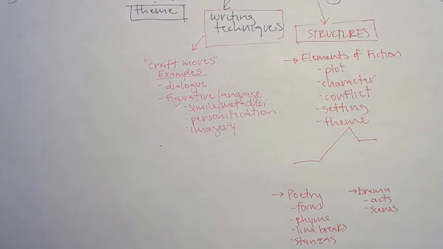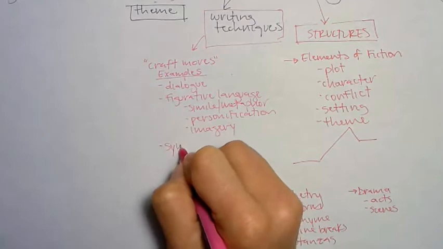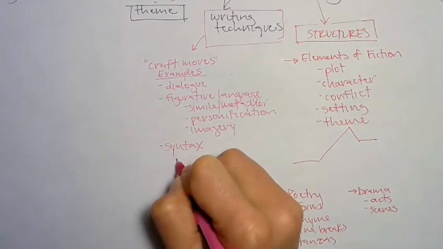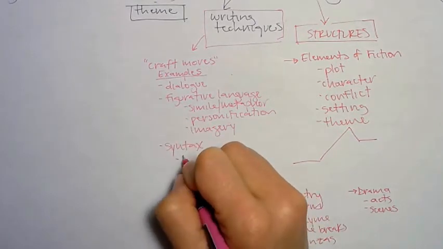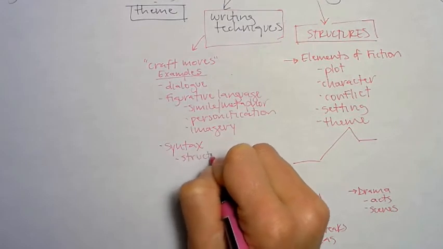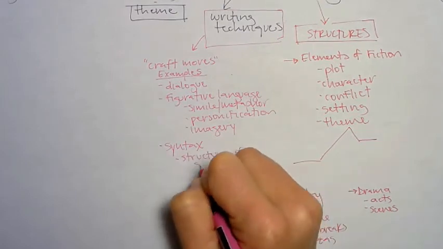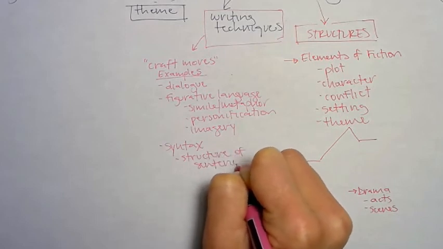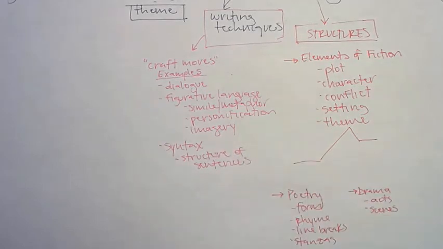then you're looking even closer at the sentence level, something that we call syntax. And this is just really the structure of the sentences, we'll say. Syntax, you'll learn a lot more about in high school, but it's important to know in the context of this conversation because you need to notice as a reader, what is the writer doing here with the length of their sentences? Are they simple and short?